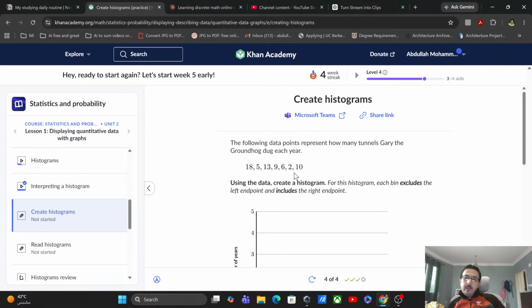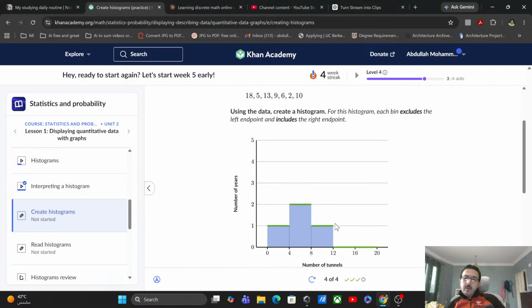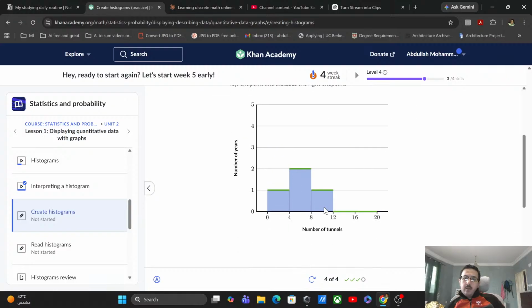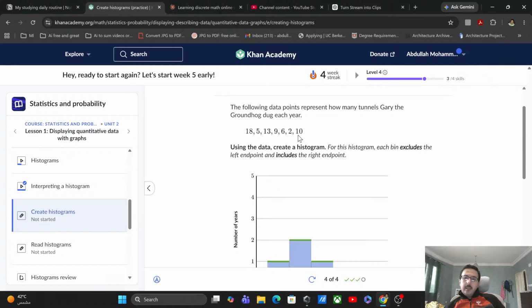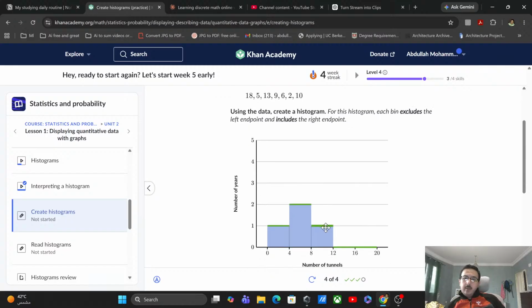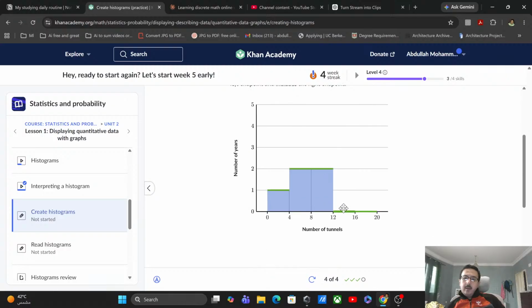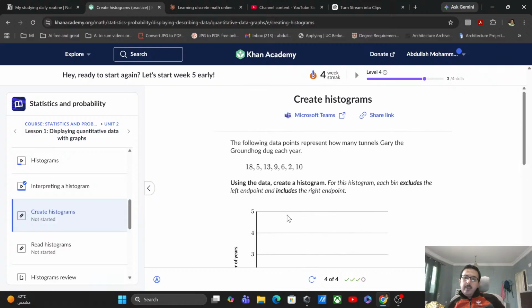From 8 to 12, got 9 and 10, so this is 2. And from 12 to 16, got 13, 1. I got 4, 3, 7, 6.